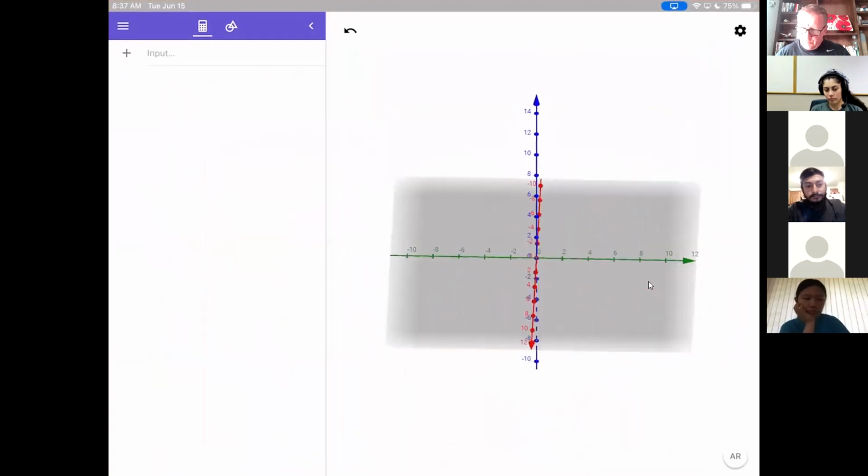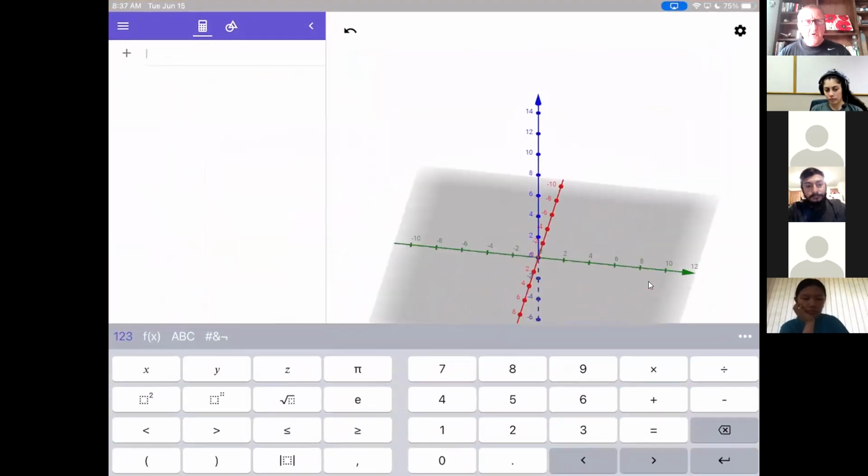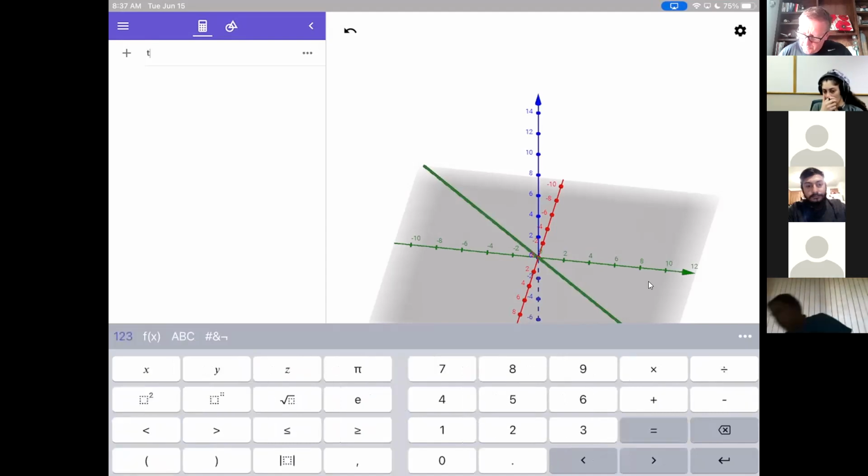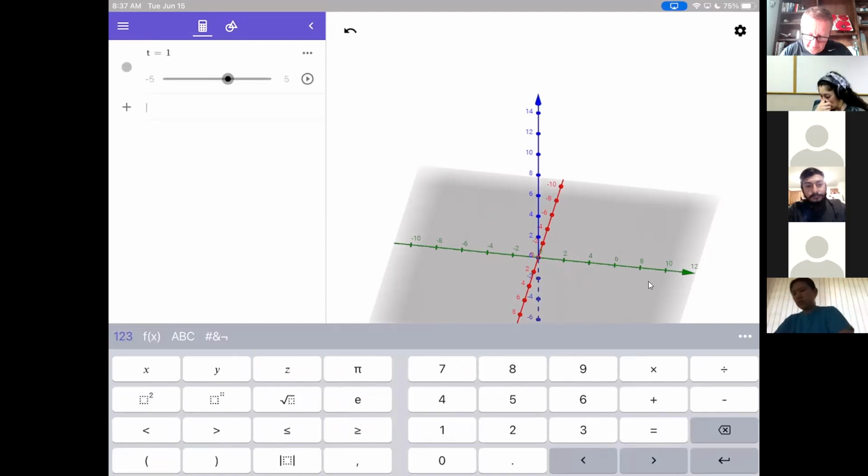Let's go to this version. So would you agree this is the speed? See if this makes sense to you. So we have our value for t, and I'm going to say t is equal to 1 for right now. And so isn't this our speed? Can I say s for speed?